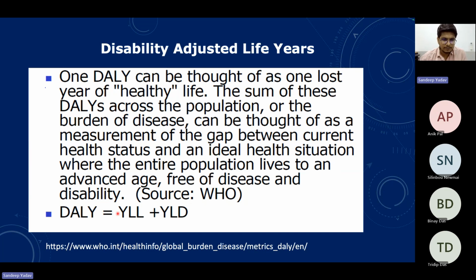One DALY is one year of life lost plus one healthy year lost to disability. So suppose you are given the YLL value and the YLD value, you have to calculate the DALY in the numerical. You can expect this type of question.